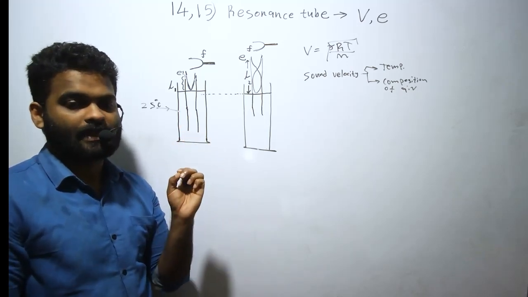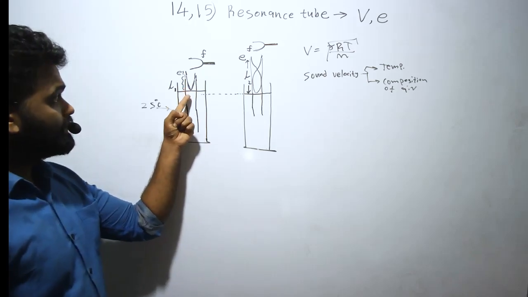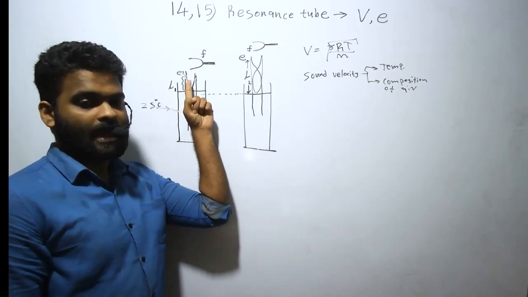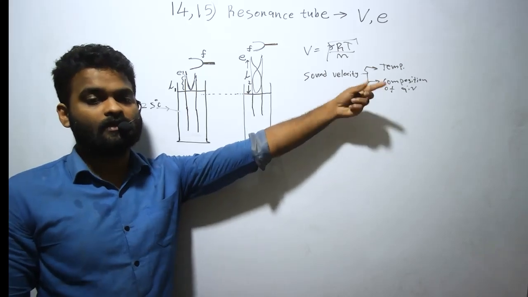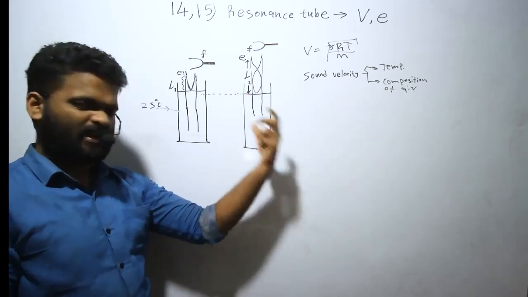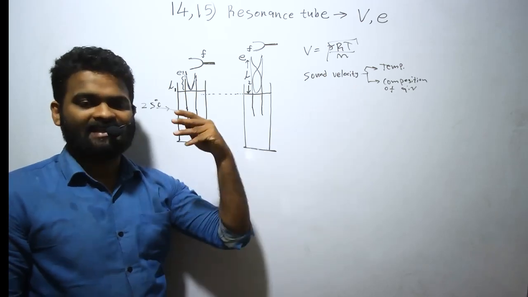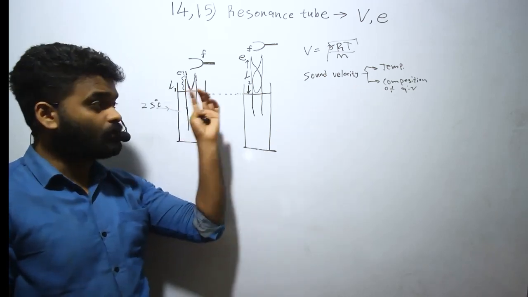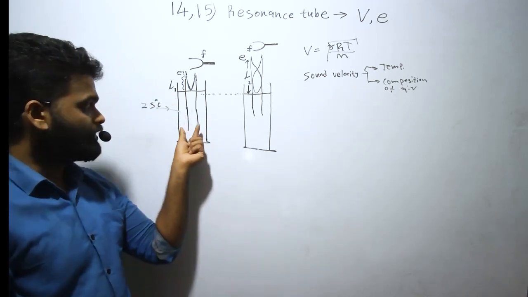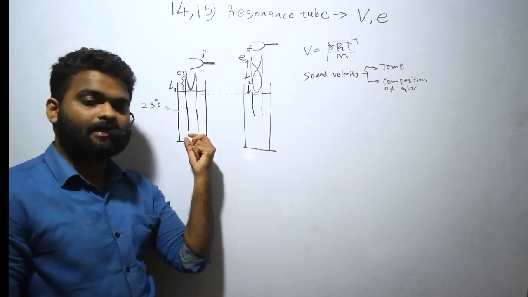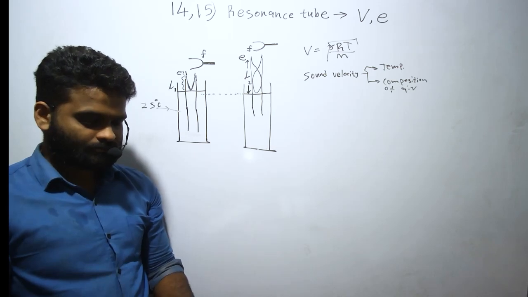Because the alcohol molecules could enter this and change the composition of air hugely. Water vapor also changes the composition, but that is less compared to other volatile liquids. So you have to make sure that you are using a less volatile liquid.